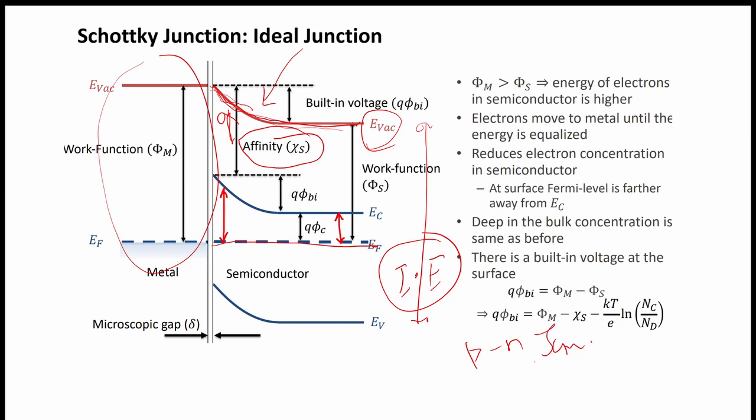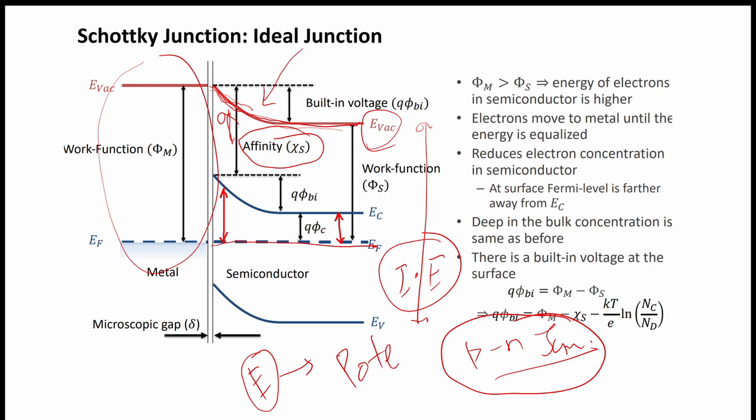In the PN junction, from the Poisson's equation we first calculated the electric field, and then from there we calculated the potential. This is nothing but the potential energy, minus of QE.